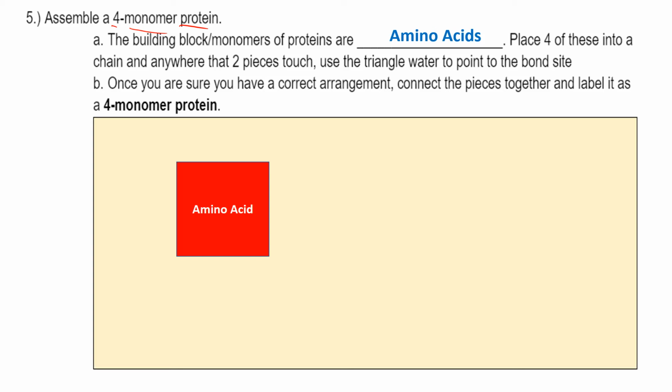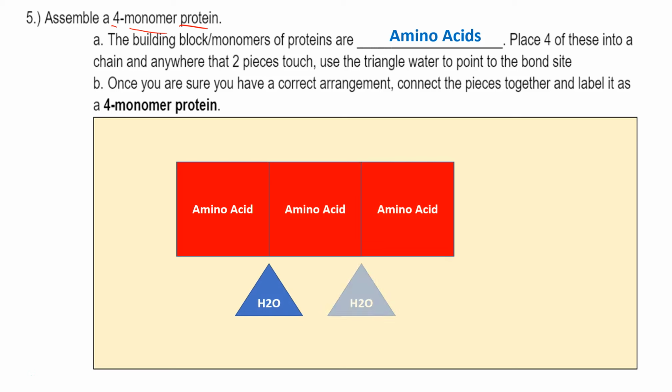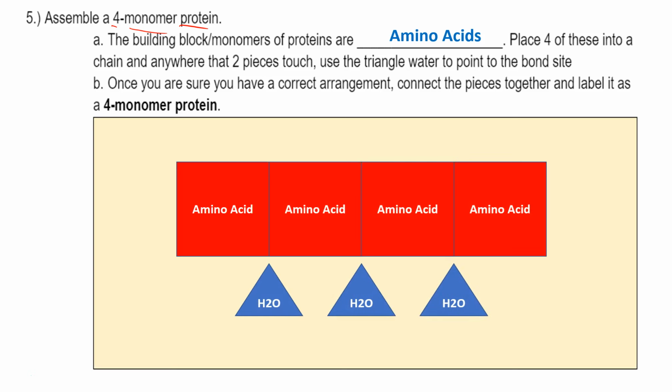So the building block of all proteins are amino acids. Go ahead and assemble your 4 monomer protein. And again, we have 1, 2, 3, and 4 monomers, 4 molecules, minus 1. That should give us 3 molecules of water.